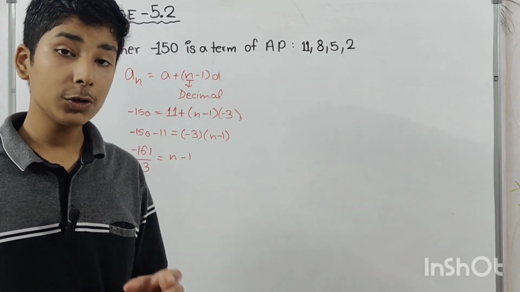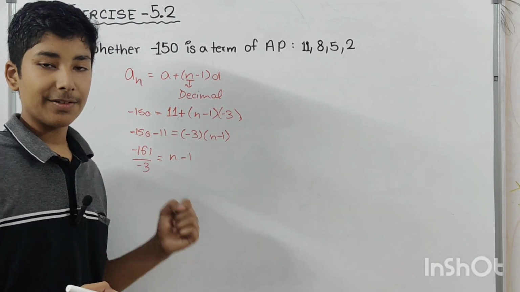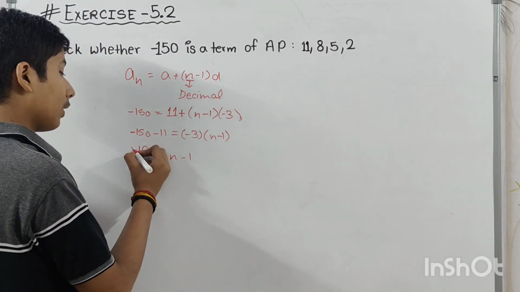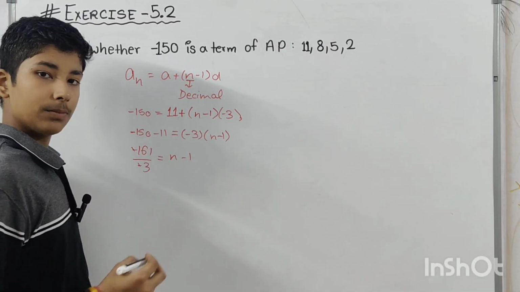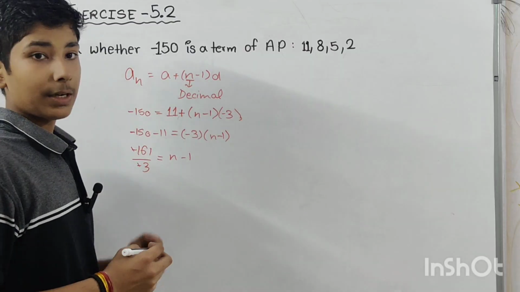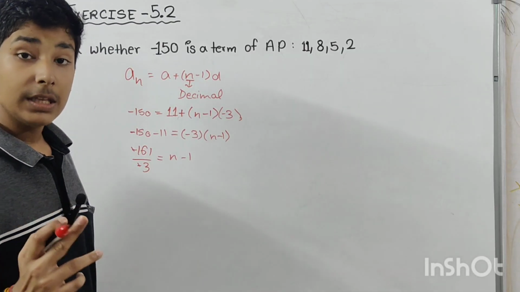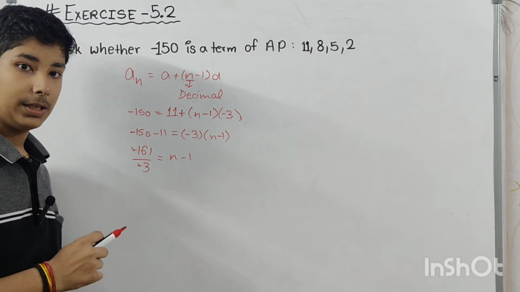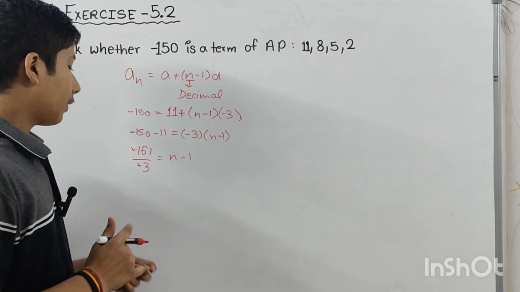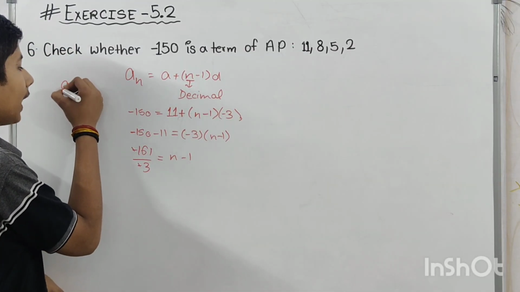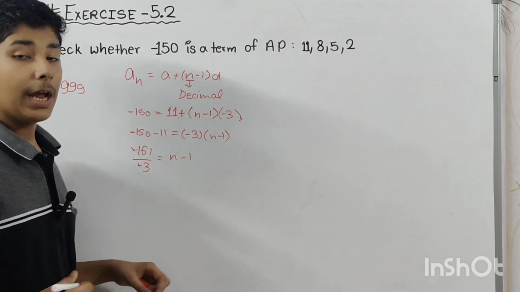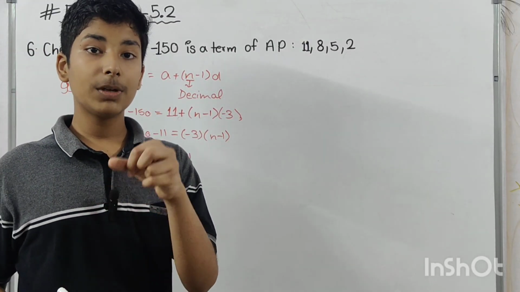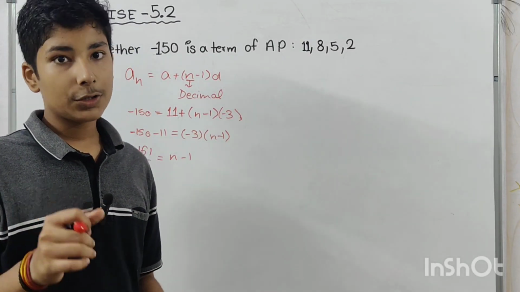Now see, how do you check if a number is wholly divisible by 3? We can check this by adding all the digits of the number. If the sum comes in the table of 3, then it is divisible. For example, I put 999. 9 plus 9 plus 9 is 27, and 2 plus 7 is also 9.